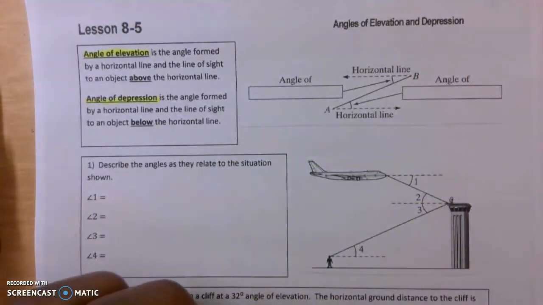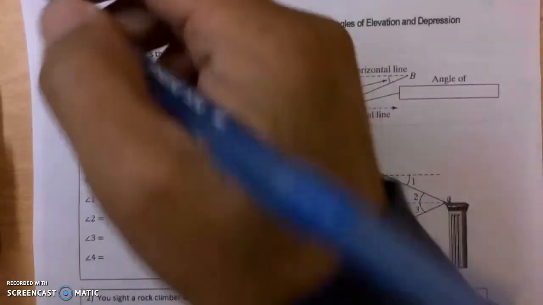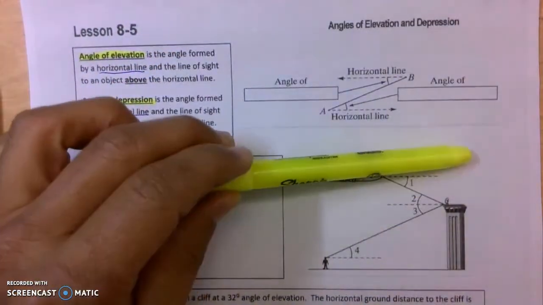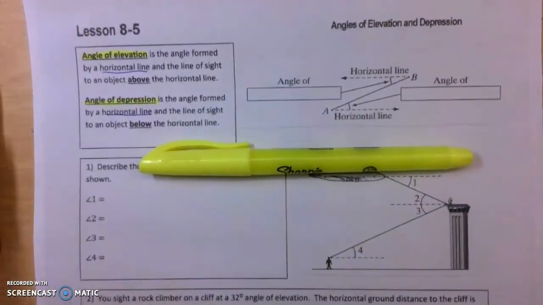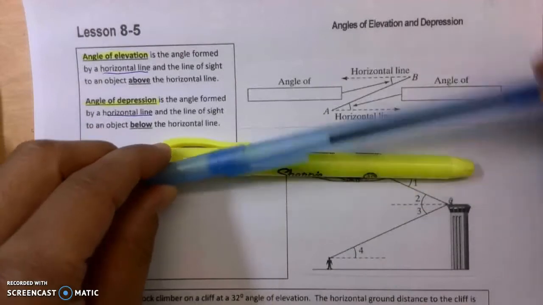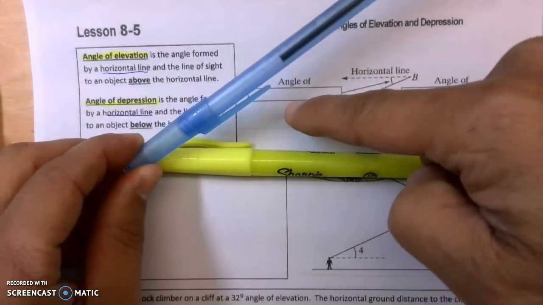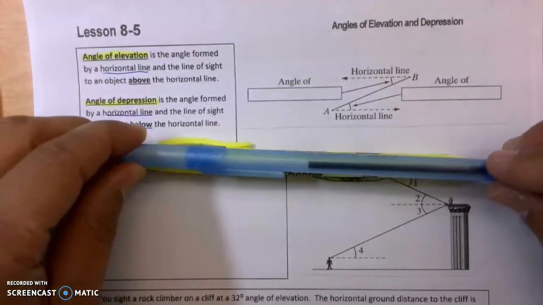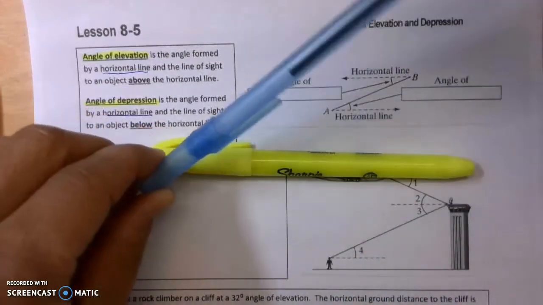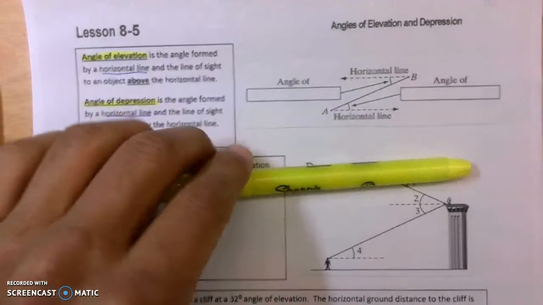So an angle of elevation and an angle of depression is going to require a horizontal line, and then from that horizontal line, like my blue pen, my yellow pen here, that's the horizontal line. Either you look up, and then this angle here is the angle of elevation, or from this horizontal you look down, and this would be the angle of depression. So up, elevation, down, depression.